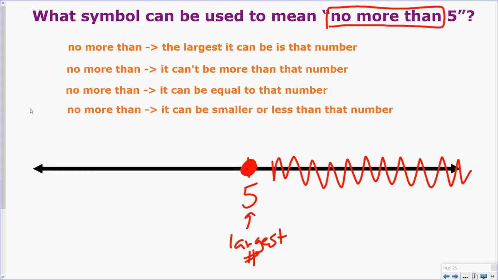And then no more than means it can be smaller or less than that number. So then my arrow would go this direction. So when I write my inequality, I would have x is less than or equal to 5.